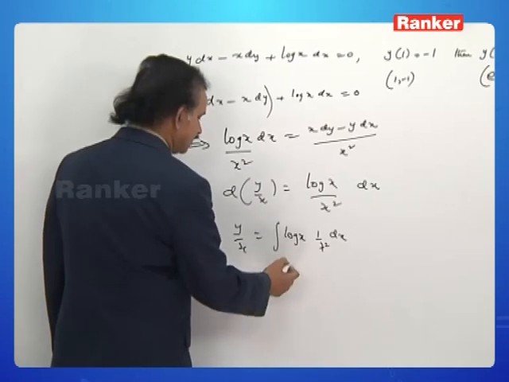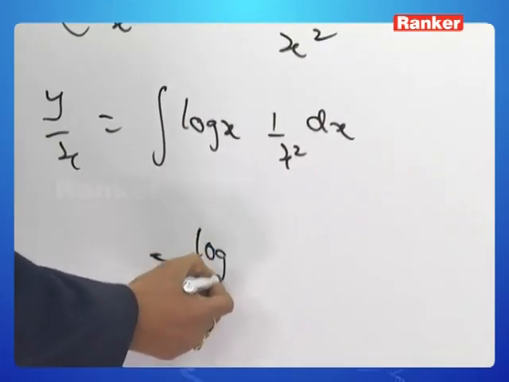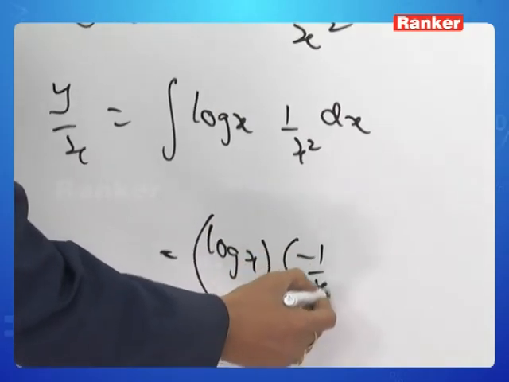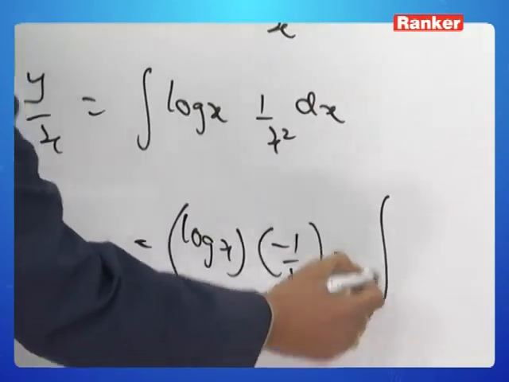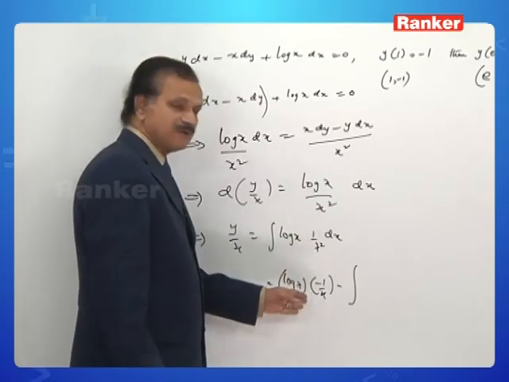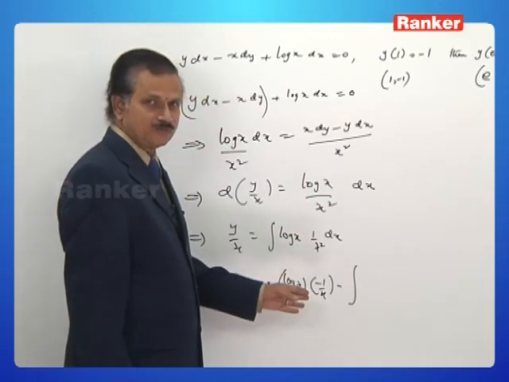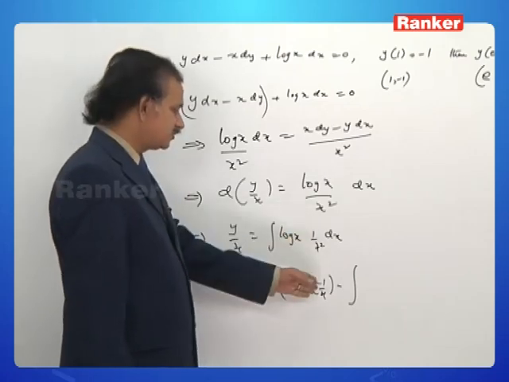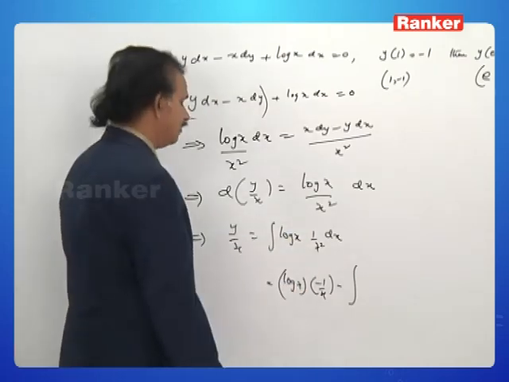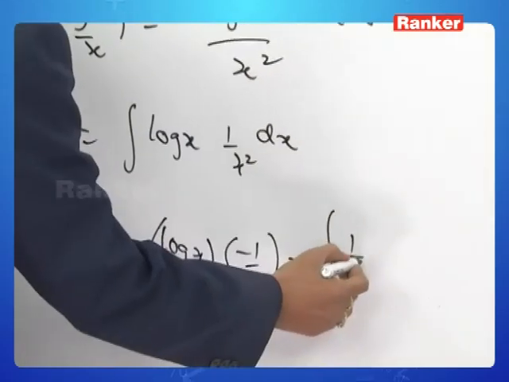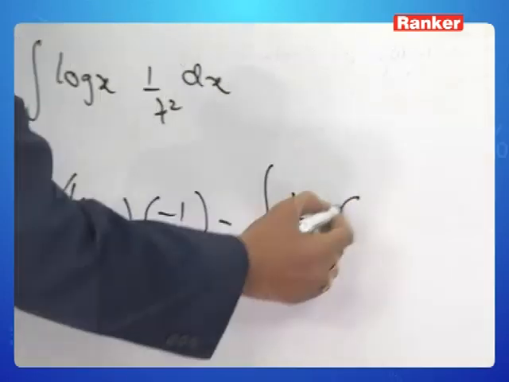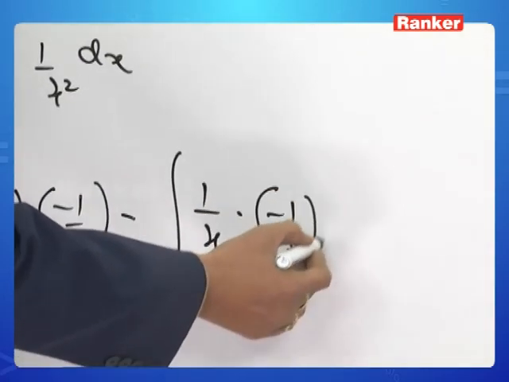This is equal to f of x into the integral of g of x, minus the integral of f dash x, that is 1 by x, into the integral of 1 by x square, which is minus 1 by x, dx. I think you could have recollected it.